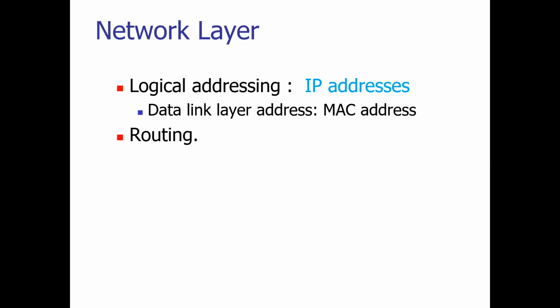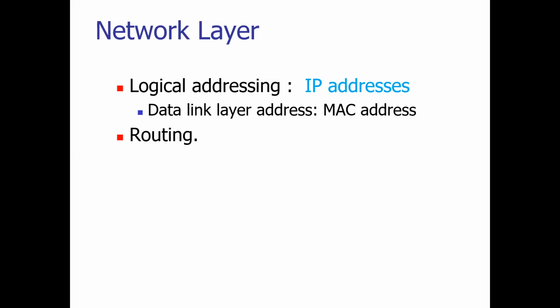IP addresses we'll be taking: IP is nothing but internet protocol addresses. IPv4 and IPv6 addresses come into picture. IPv4 is 32-bit, IPv6 is 128-bit. That's how it will be categorized.